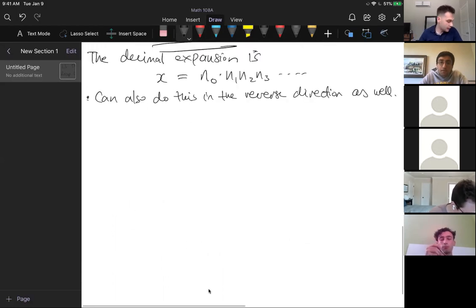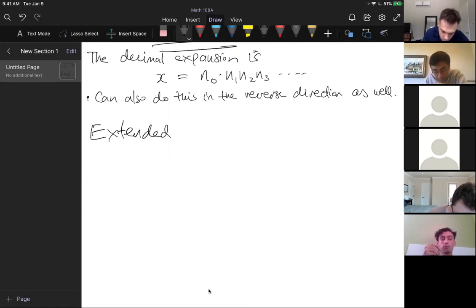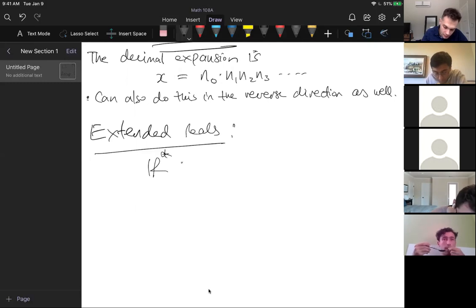Okay, so I want to say a few more things about the reals. And so I'm going to talk about the extended reals. Okay, so the extended reals, which I'll denote by R star, are defined by the normal real numbers. And then I'm going to add in two elements.